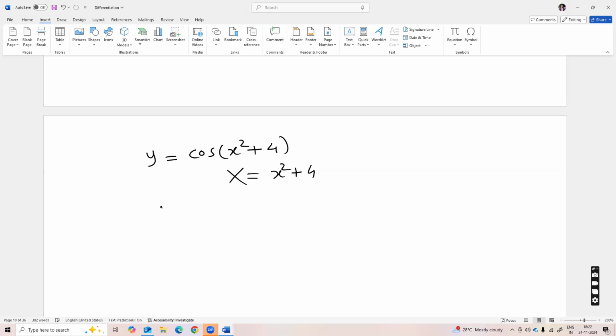So y has become cos of big X. Then its derivative dy by dx is, first, the derivative of cos X, which is minus sin X, and then we will take the derivative of this big X, dX by dx.